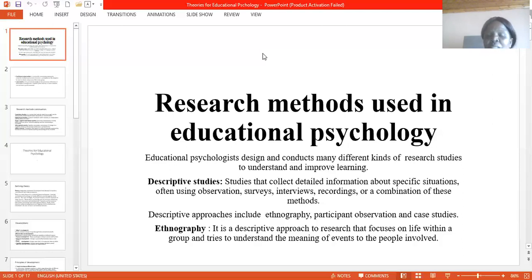So now I want to define these approaches. Ethnography. It is a descriptive approach to research that focuses on life within a group and tries to understand the meaning of events to the people involved.